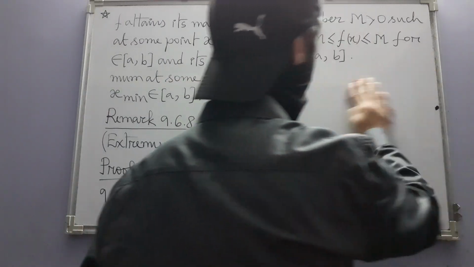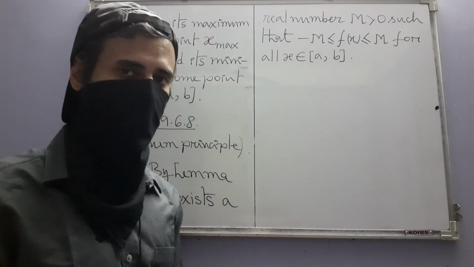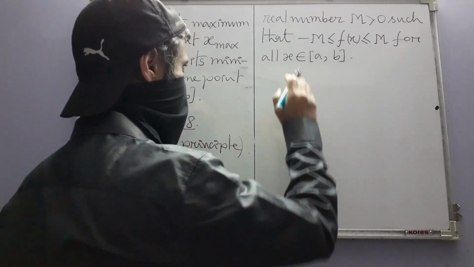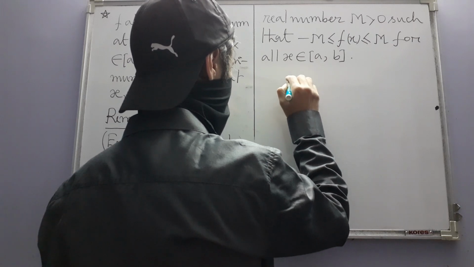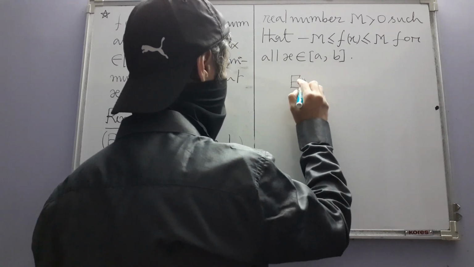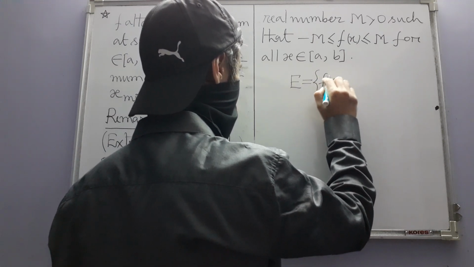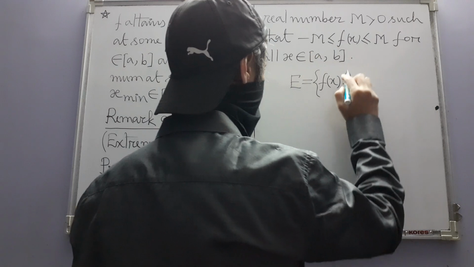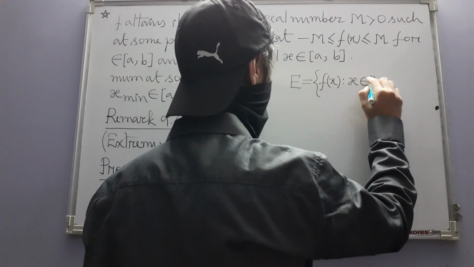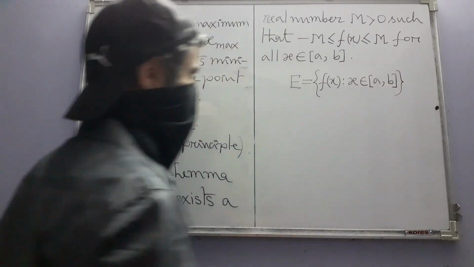So now we are going to consider the set of all these f values. Let's see how that set looks. It has been given the name E. So it is actually nothing but all the f values for all the inputs.